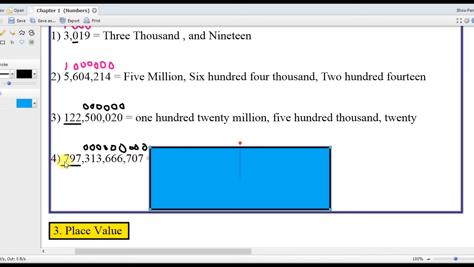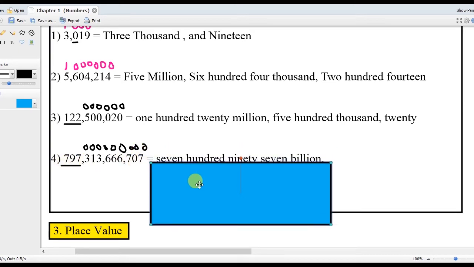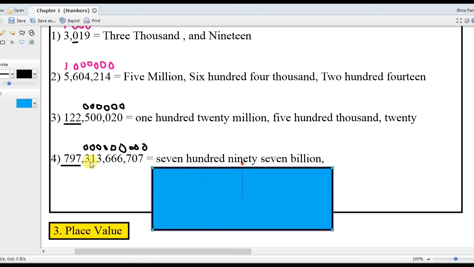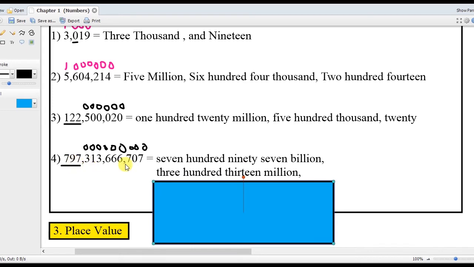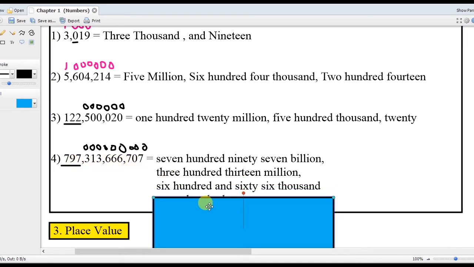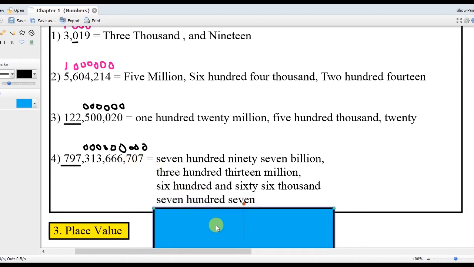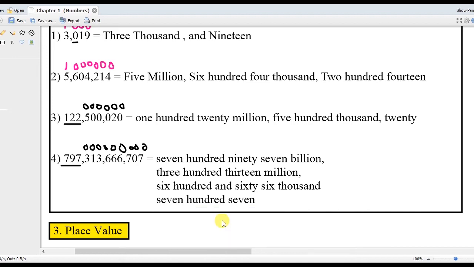So 797 billion, 313 million, 666,707. So this is how we are going to solve these numbers, or pronounce them, or have an idea what exactly the number is. I hope you got the concept.